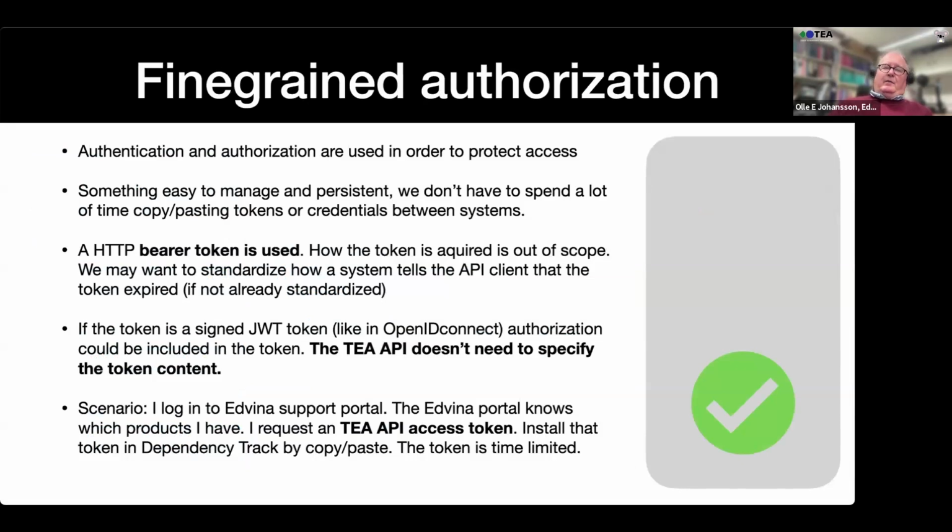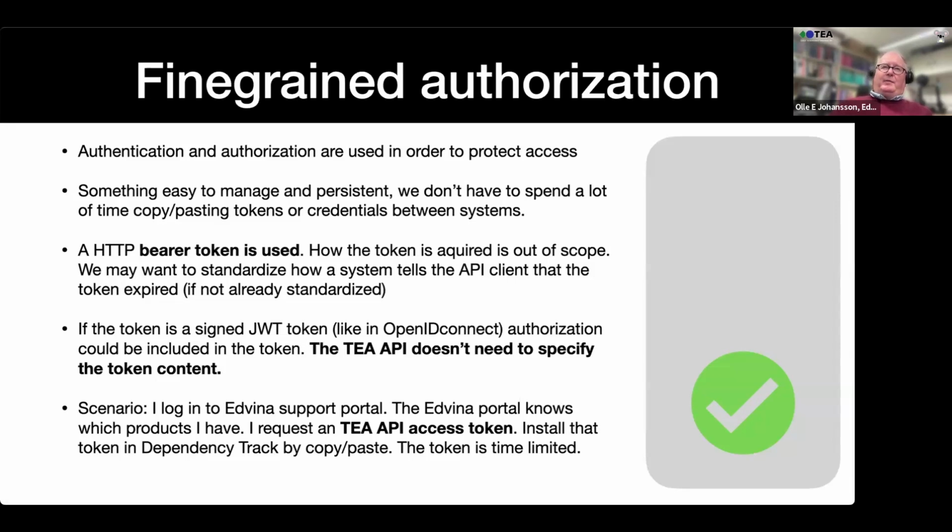In the API, we also discussed authorization and authentication. The authentication will be done with an HTTP bearer token, and we will follow the same way of doing this as is used in OpenID Connect and OAuth 2, where the token is basically a JWT structure that can contain metadata about the customer and the authorization levels for that.